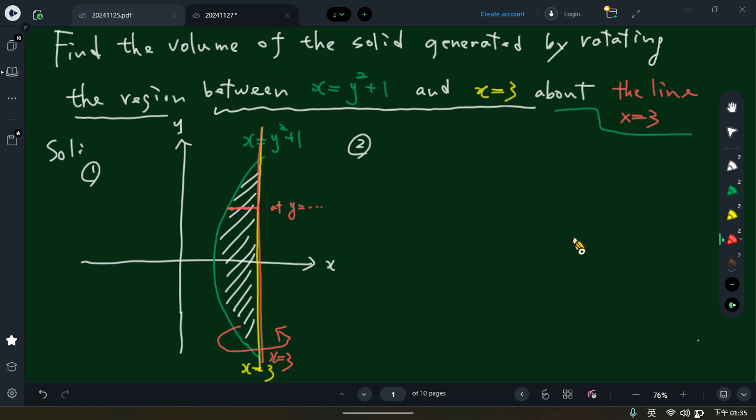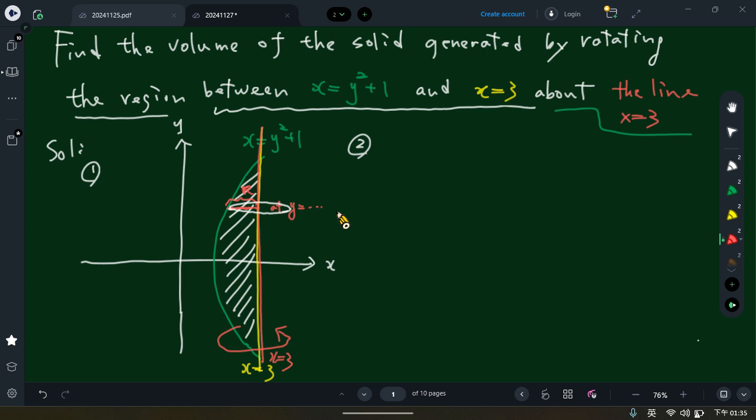We can use this as its radius, then use this to rotate it, and then actually you will get this one. Something like that.